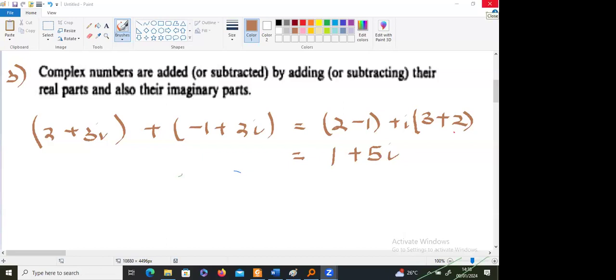What more? You do the same when it comes to multiplying with a scalar. You will open brackets, ordinary opening of brackets.